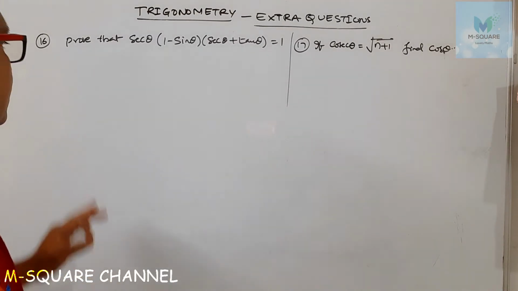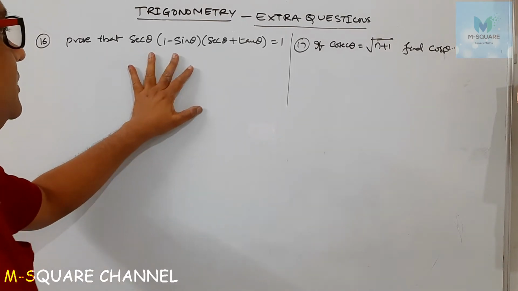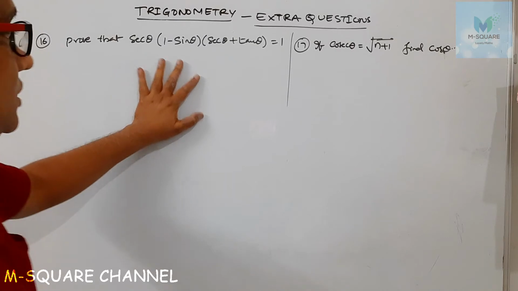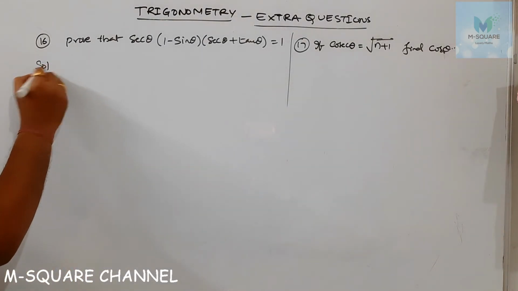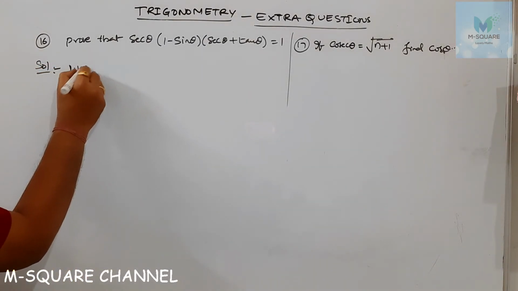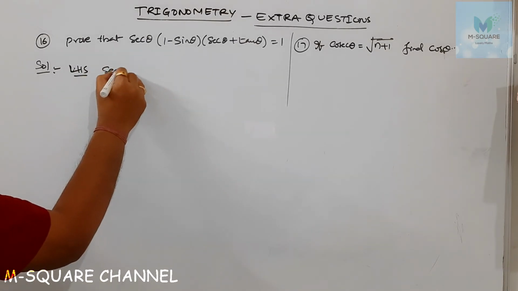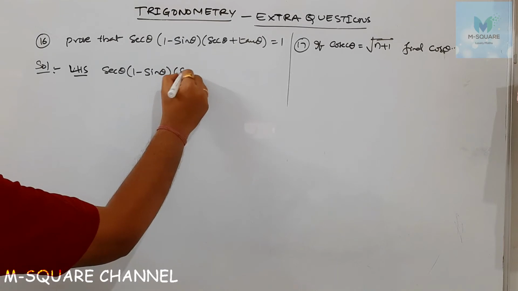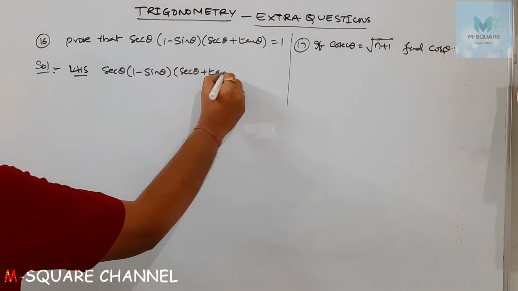In this question, prove that secant theta into 1 minus sin theta, into secant theta plus tan theta, equal to 1. So first of all, we are going to take LHS: secant theta into 1 minus sin theta, into secant theta plus tan theta.